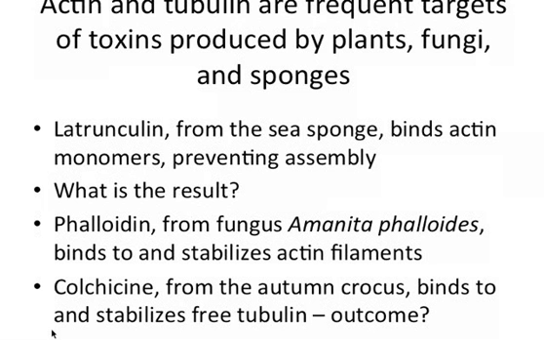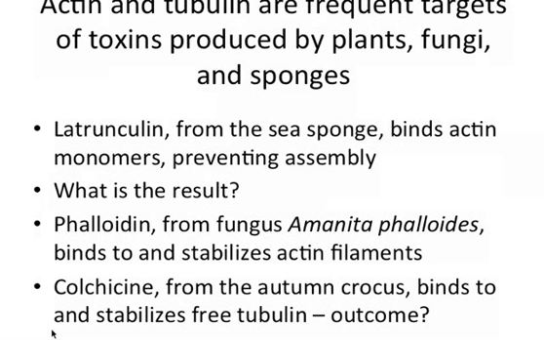So if you stabilize your actin filament, is that good or bad? Come on. Bad, right? We talked about how important the dynamic instability properties are. So stabilizing or preventing assembly, both are bad because you're killing any ability to assemble and disassemble, right? Okay. So that's from a fungus.